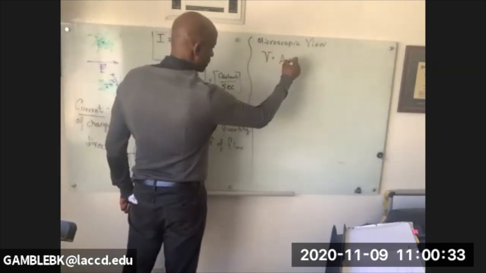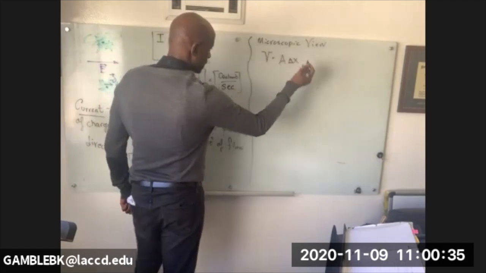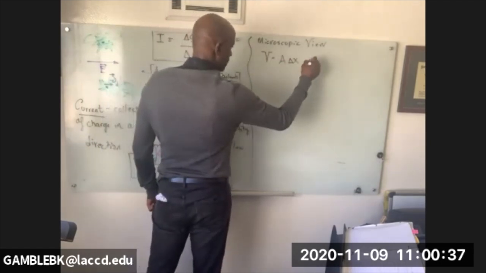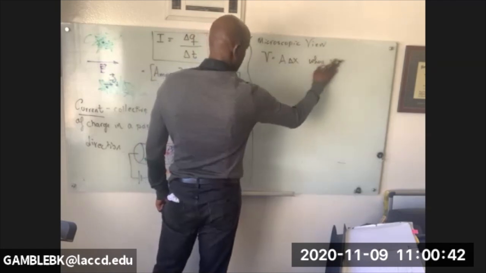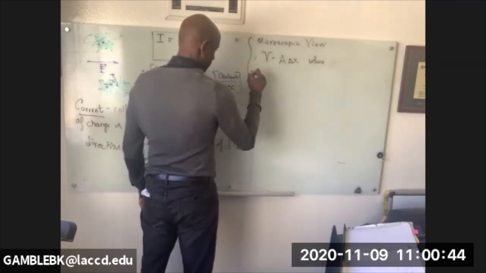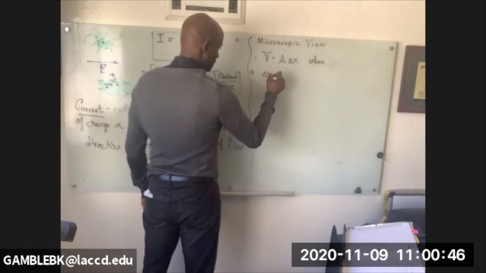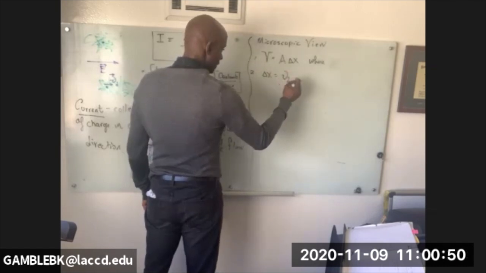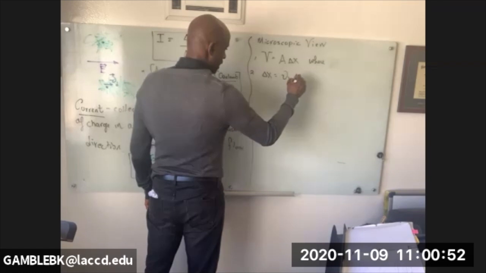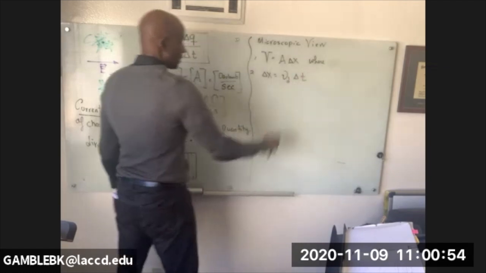Delta X or delta L, where delta X is equal to the drift velocity V sub d times the time delta t.